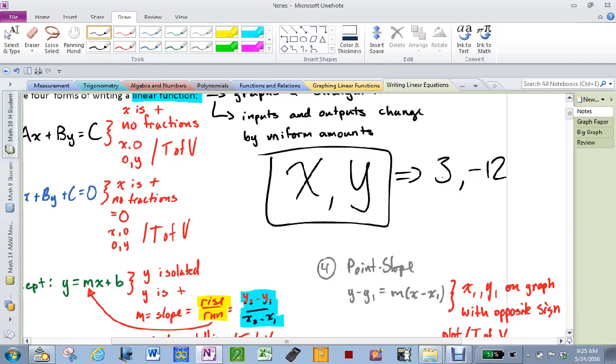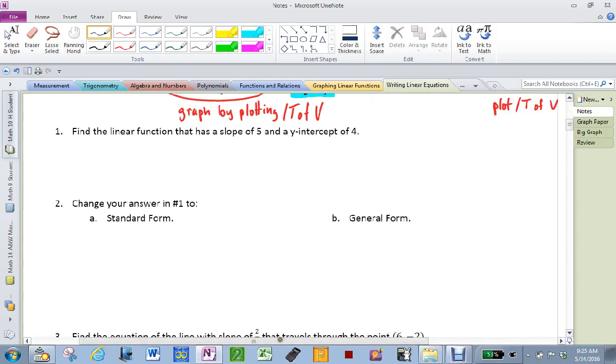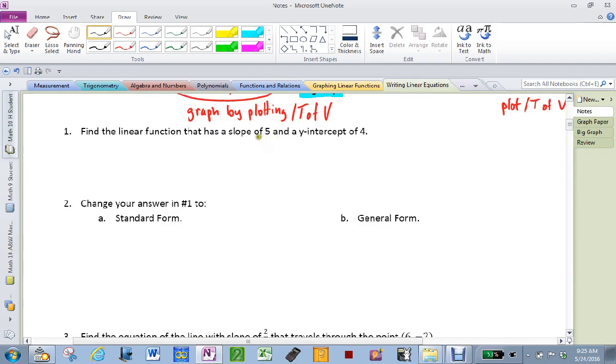Okay? So let's do that, because we're only going to do the first page, like I said. Find the linear function with a slope of 5 and a y-intercept of 4. Which one of those 4 methods are we going to use right now? Why are you going to use slope-intercept? Because you have a slope and an intercept.